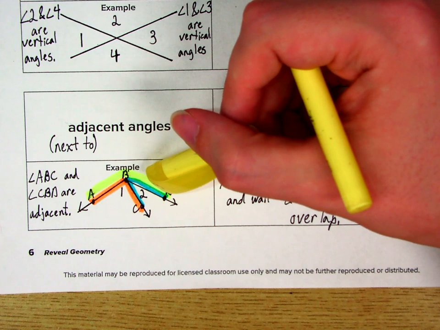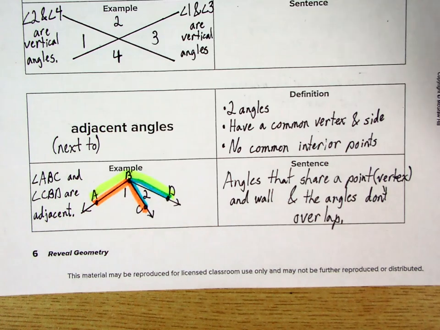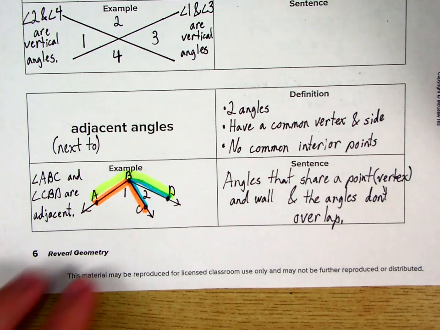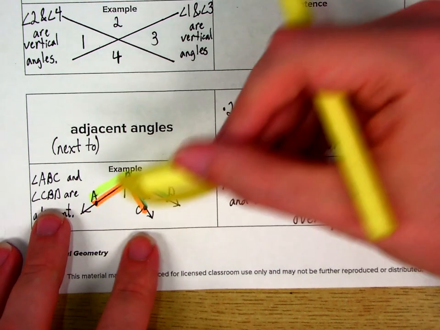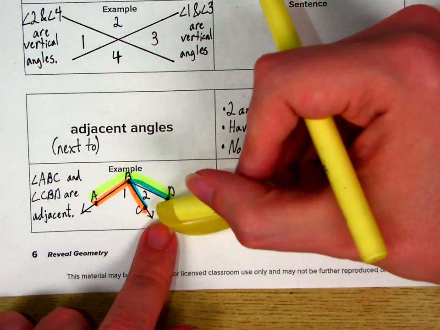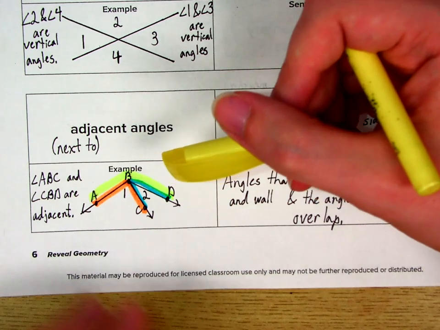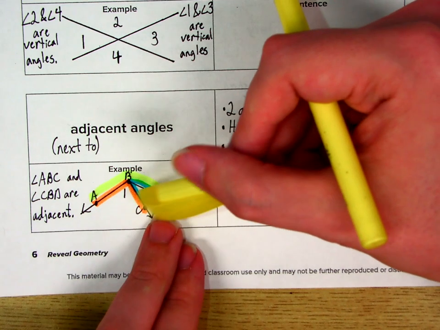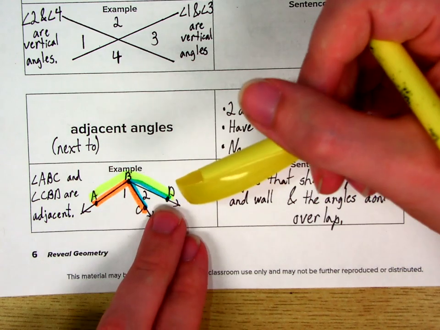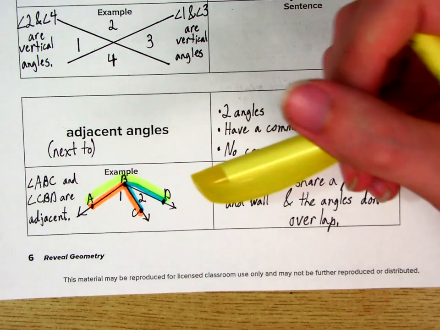The yellow angle would also be overlapping the orange angle. The entire orange angle is inside of the yellow. The entire blue angle is inside of the yellow. That's what we mean by overlap. But our orange and blue do not overlap. They are next to each other. They are adjacent to each other.